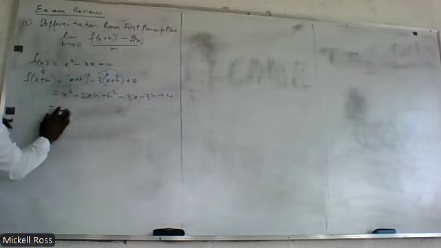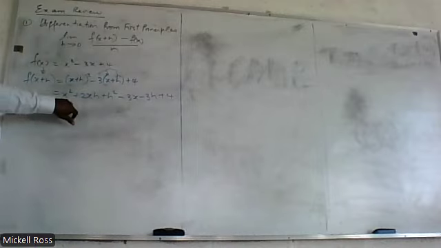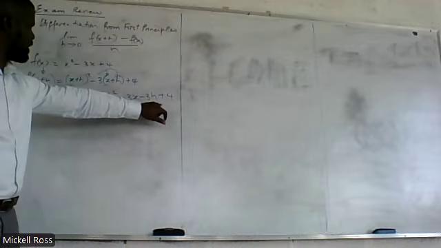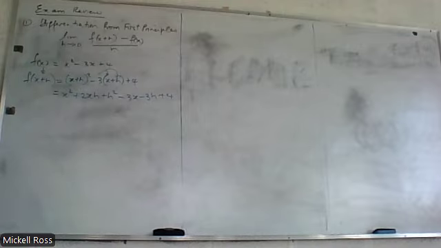You just have to keep it as is because there's no like term: x squared plus 2xh plus h squared minus 3x minus 3h plus 4. There's nothing to simplify.